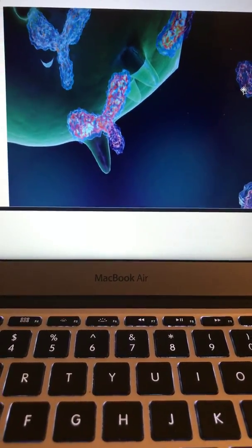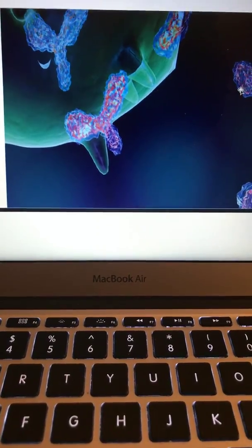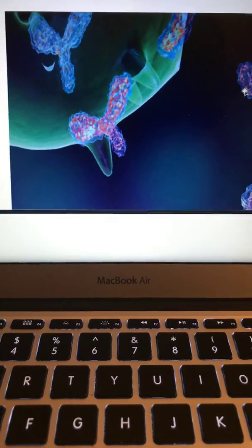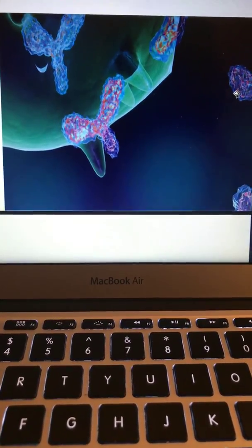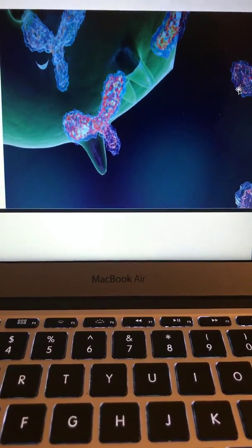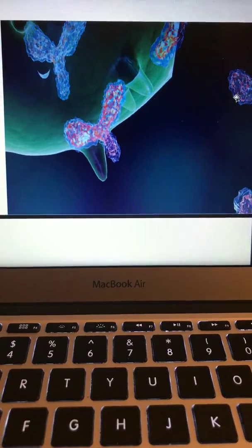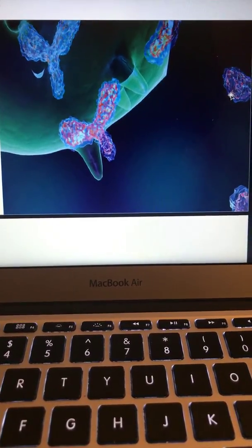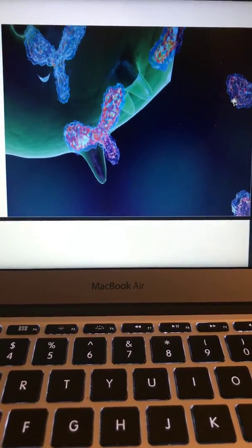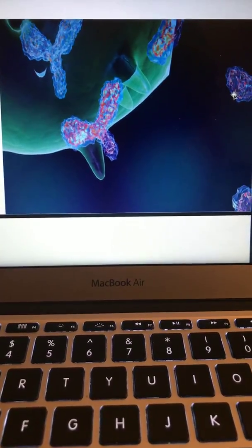All of these millions of cells, these antibodies, are already present in the body. So all kinds of antigens are already recognized by these cells, and the body is protected from repeated infection.